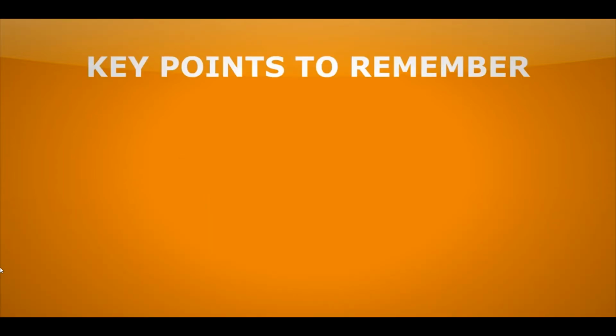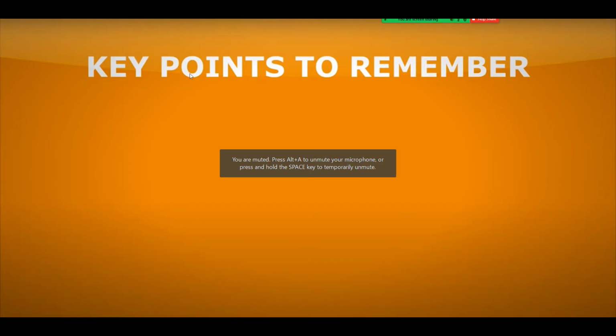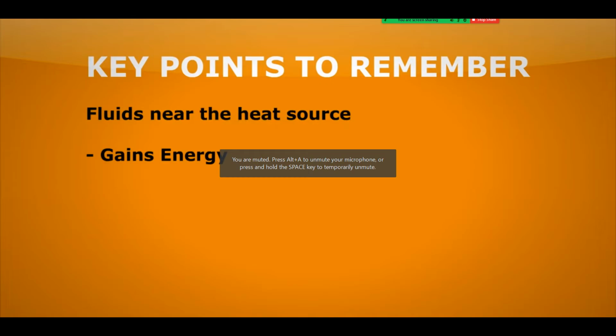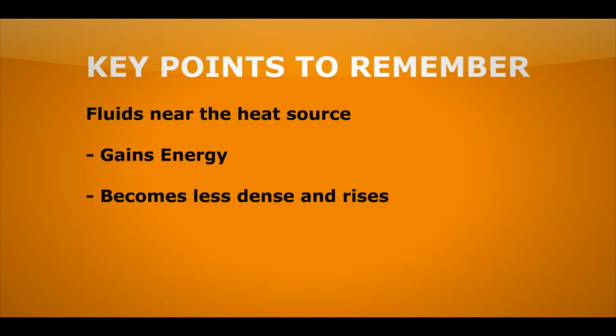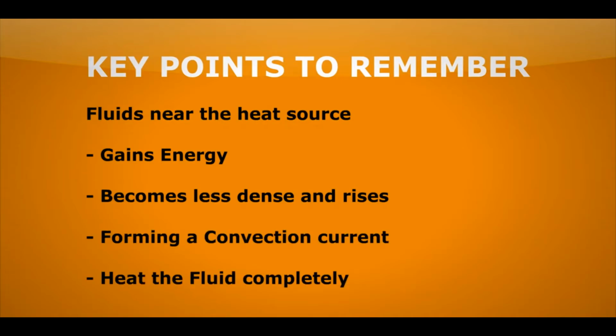Well, the key points are that in convection, fluid near the heat source gains energy, becomes less dense and rises, being replaced by cooler fluid, which then in turn gains energy, becomes less dense and rises, forming a convection current, which then heats the fluid completely.